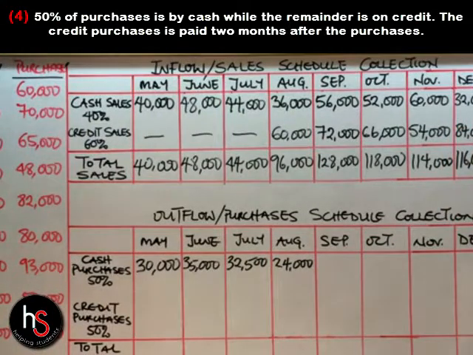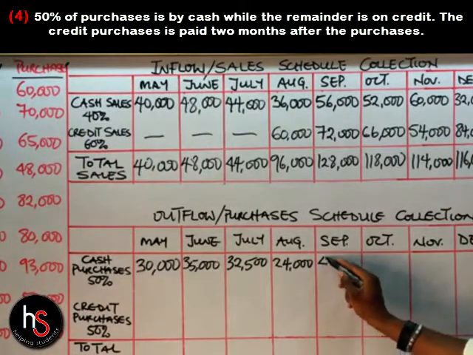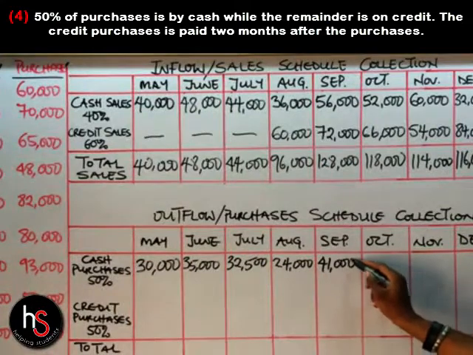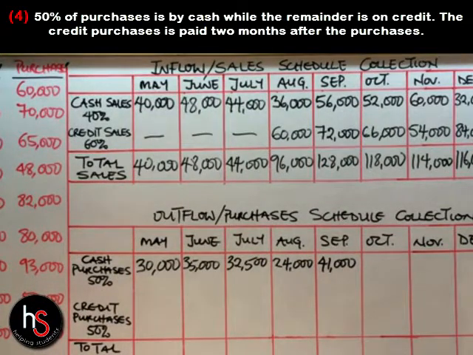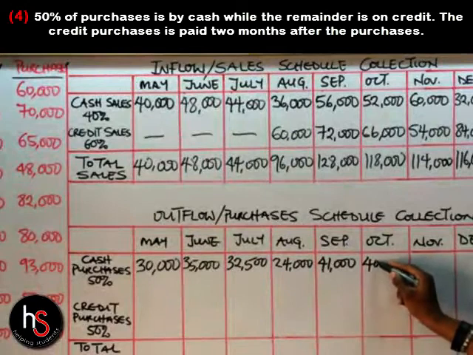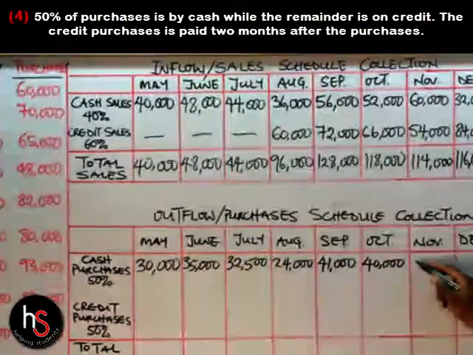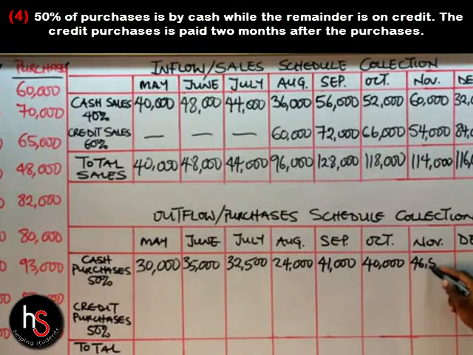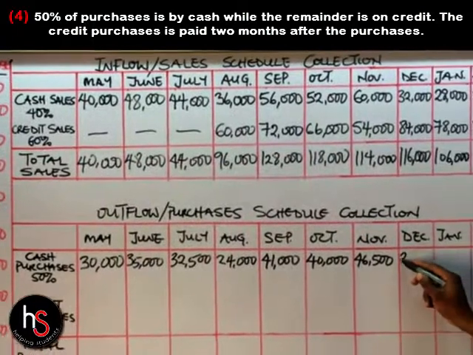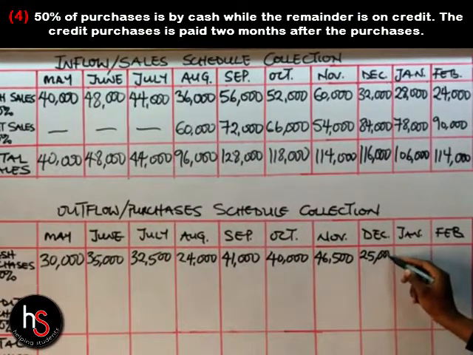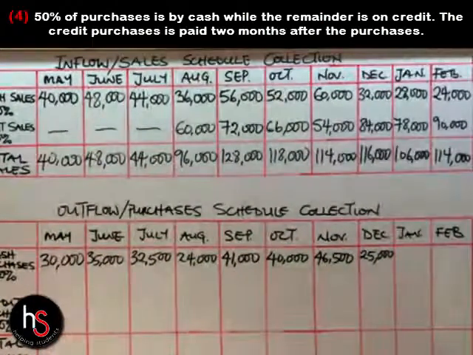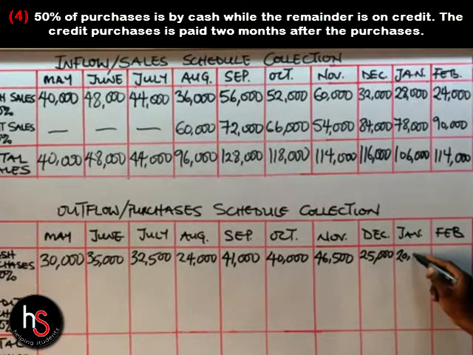In September we have 41,000. In October we have 40,000. In November we have 46,500. In December we have 25,000. In January we have 20,000. And in February we have 15,000.